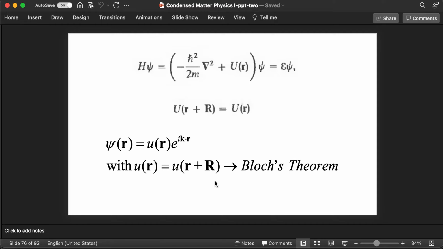It's an extraordinary result because it tells you that the plane wave form of the electrons of a free electron is retained even in a periodic potential. Even if you take a free electron, which is just e power i k dot r, and you put it into a periodic potential, the basic form of the plane wave is still retained, just that you have another function u of r which also obeys the lattice periodicity.